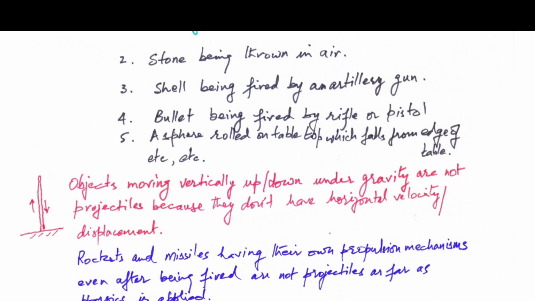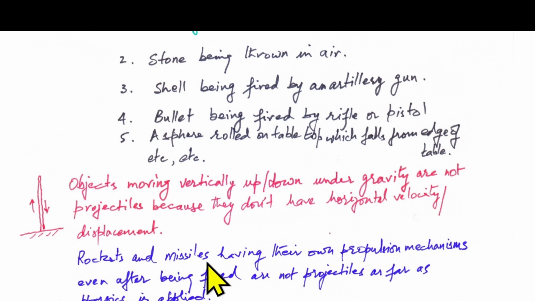Now, if an object is thrown vertically upwards in such a manner that it goes up and comes down at the same point from where it was thrown, that means it didn't have a horizontal velocity and it has not traveled horizontal distance, so this type of motion will not be called a projectile.